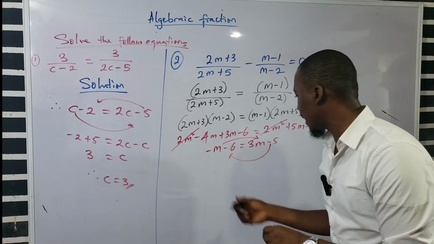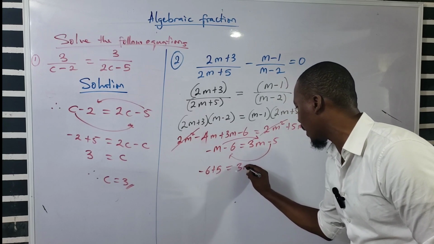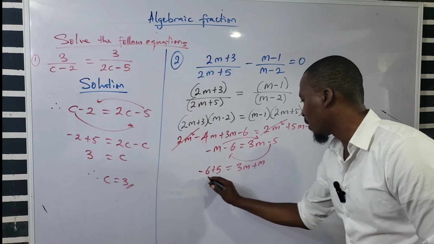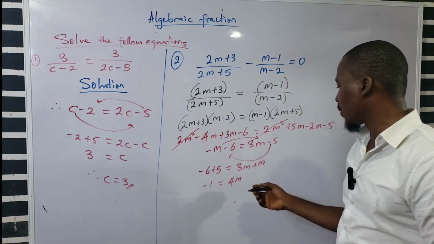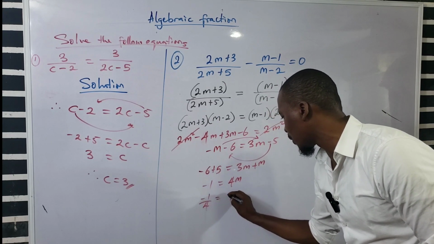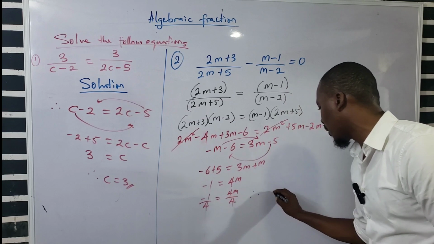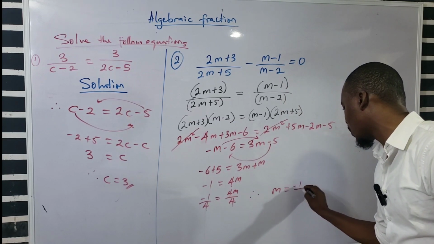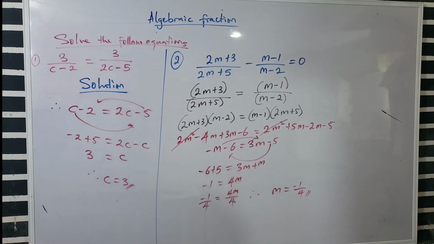So with that, I have minus 6 plus 5 equals 3m plus m. So this one will give me minus 1 equals 4m. So divide both sides by 4: minus 1 over 4 equals 4m over 4. Therefore, m equals minus 1 over 4. Okay, so that's how we solve that particular problem.